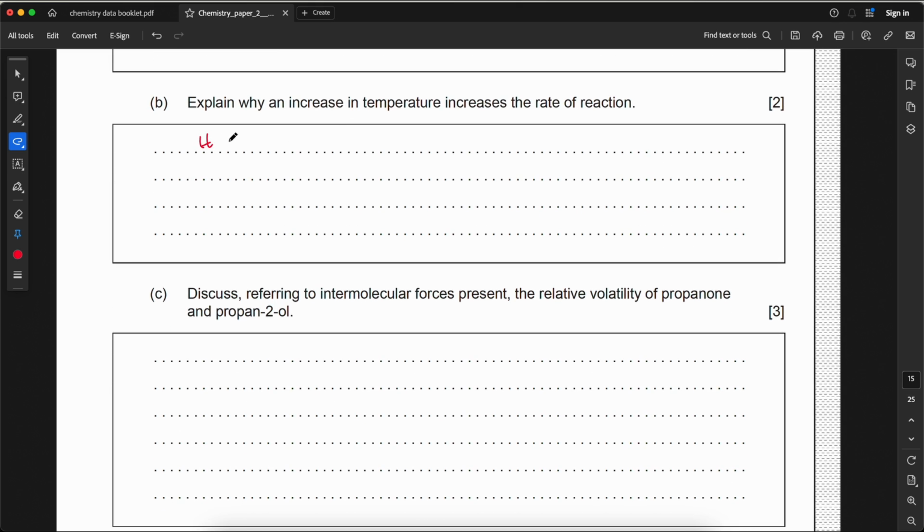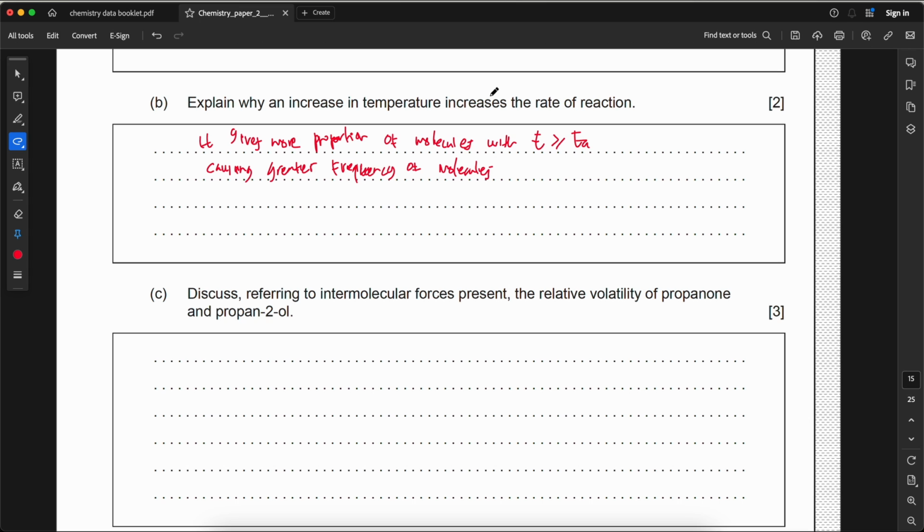Because when you increase the temperature, it will give more proportion of molecules with energy that is bigger or the same with activation energy, and this will cause greater frequency of effective collisions of molecules.